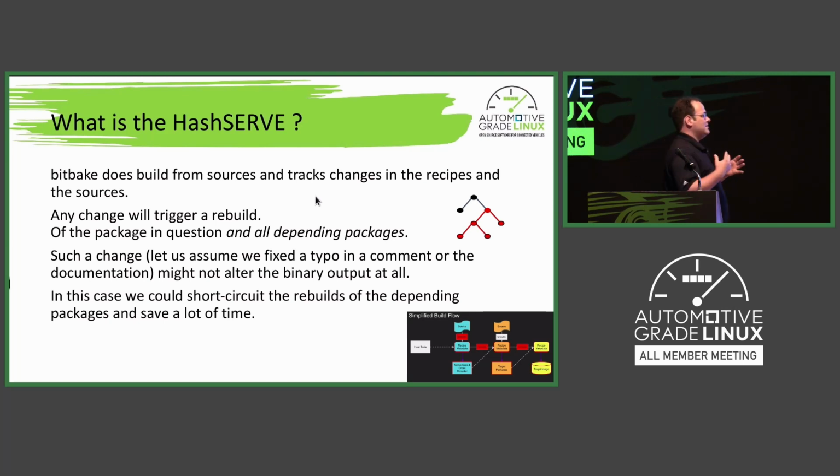Now, another aspect of the reproducible build is that if we have a reproducible build and there is a change happening, let's say package X gets a change, let's say we need to fix a typo in the documentation, right?